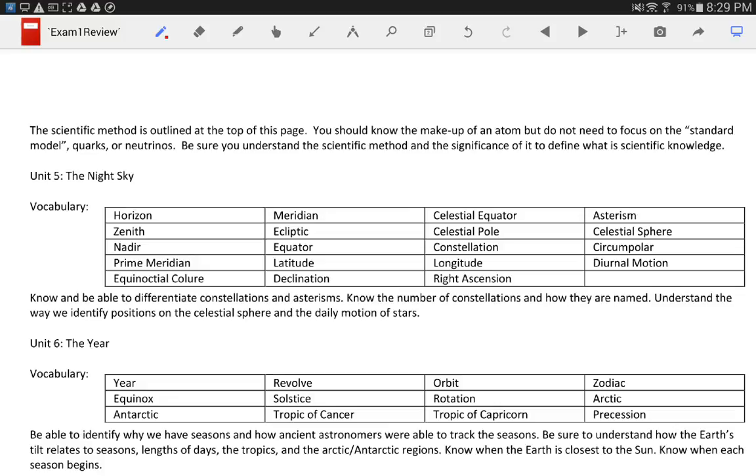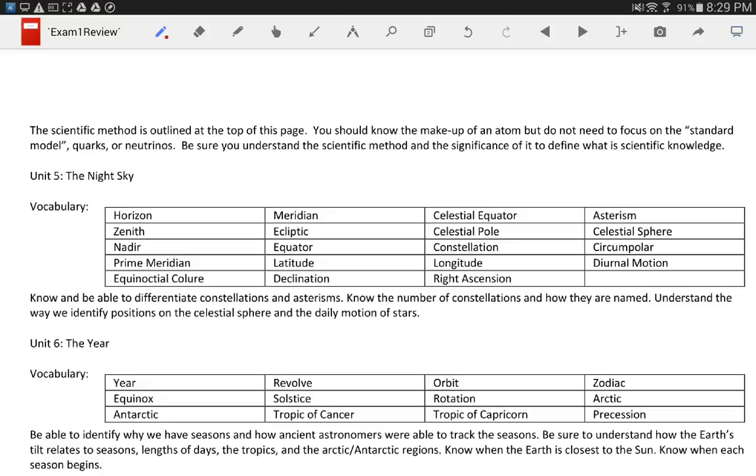Do we have to tell them their position or locate where they are? For these, they're going to be more about knowing the definition. When we go out in the night sky, we'll be finding things like the equinoctial colure.